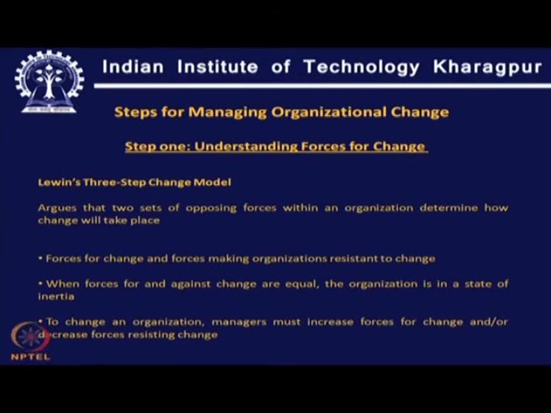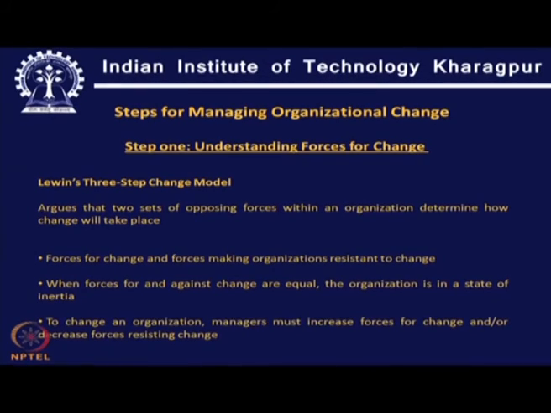And here what we understand is that in Lewin's three-step change model, there are two oppositely acting forces within an organization. One is forces for change, and the other oppositely acting force is forces making organizations resistant to change.